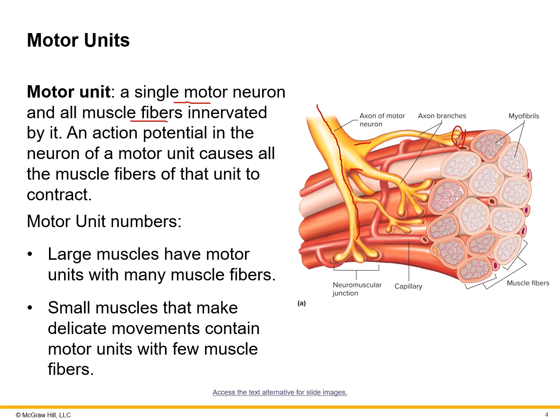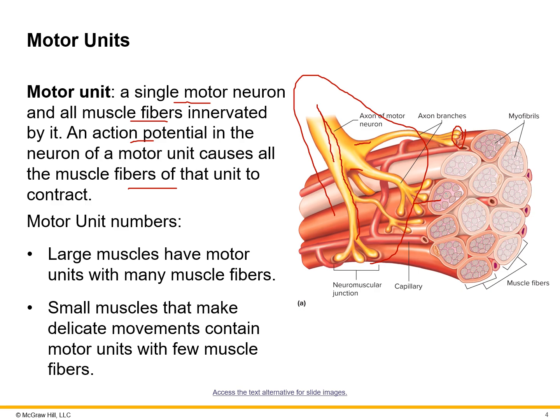Each of these muscle fibers, again made up of those individual myofibrils, has a different axon terminal attached to it. But one motor neuron can come down and branch so that it's attached to multiple muscle fibers. So all the muscle fibers of that one motor neuron make up the motor unit. An action potential in the neuron is going to cause all of those muscle fibers to contract.